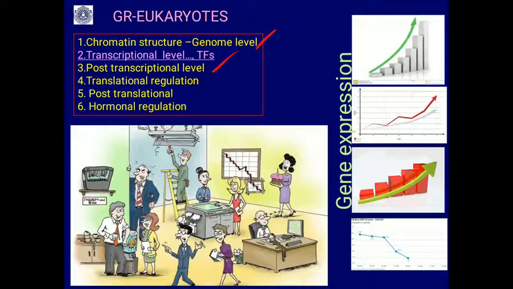So here we are discussing only transcriptional level regulation. We have discussed how exactly the promoter elements regulate gene expression. Similarly, what are the functions of the enhancers in gene regulation? We have discussed this in our last video.